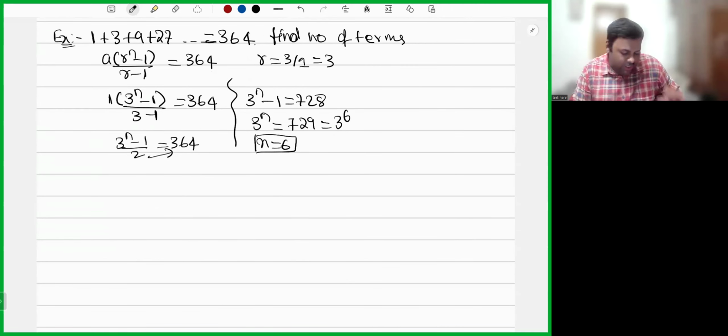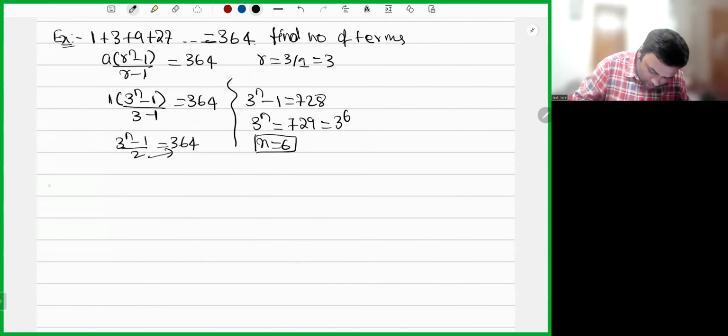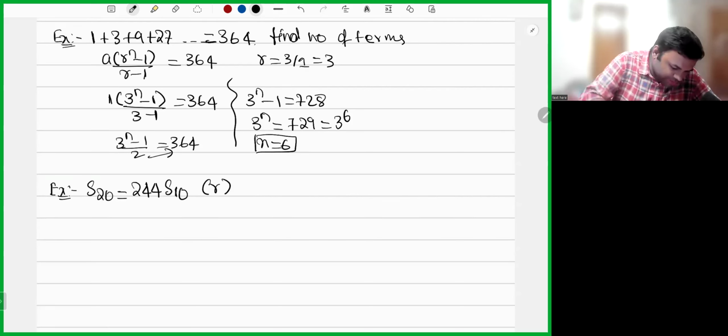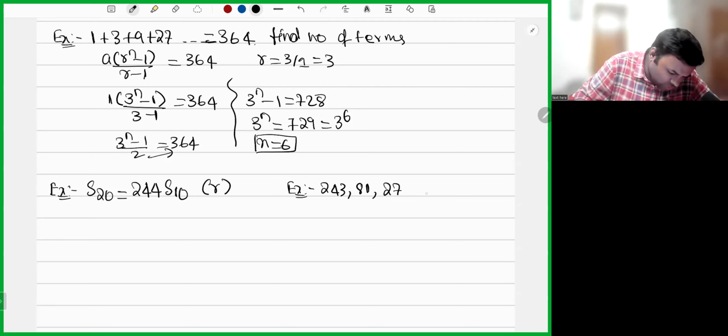Now, there are 2-3 sums which I want you to solve. Think, solve and tell me the answer. Example: the sum of first 20 terms is equal to 244 times the sum of first 10 terms. I want you to calculate the common ratio. Next example, my favorite example: 243, 81, 27, so on.